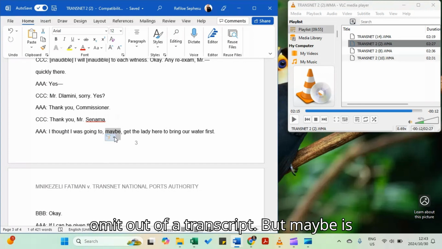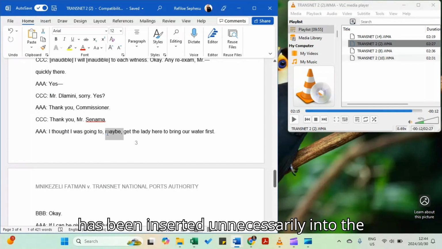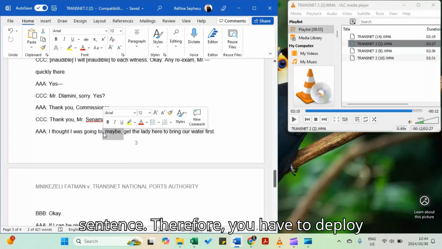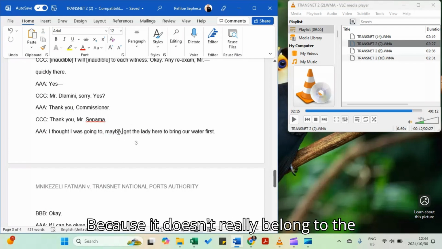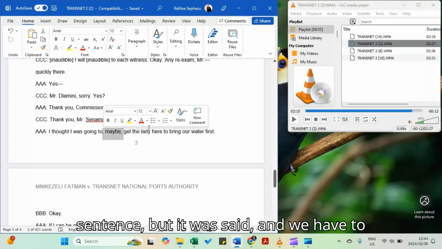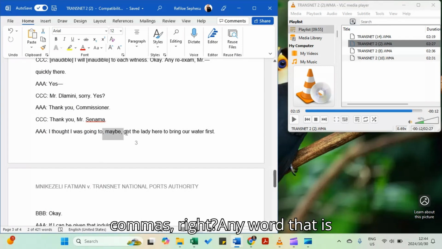But maybe is not that, okay? And it has been inserted unnecessarily into the sentence. Therefore, you have to deploy commas to offset it, okay? Because it doesn't really belong to the sentence, but it was said and we have to keep it in. So you just offset it with commas, right?